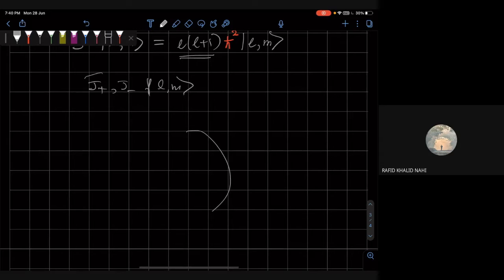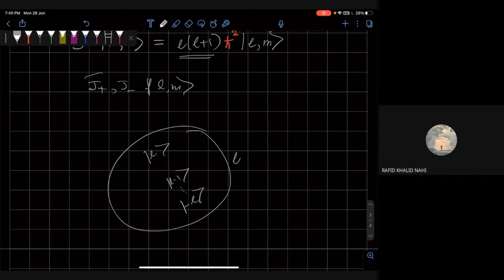So we can think of our Hilbert space as having a label L. But inside the Hilbert space, there are all these states with different values of m: m equals plus L, L minus 1, dot dot dot, minus L. All these states are related by j plus and j minus, okay?